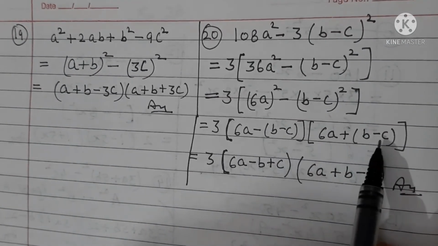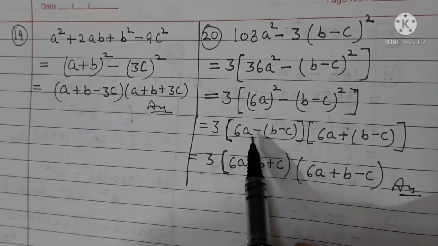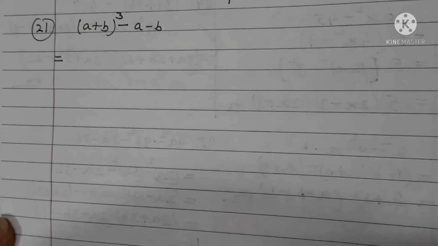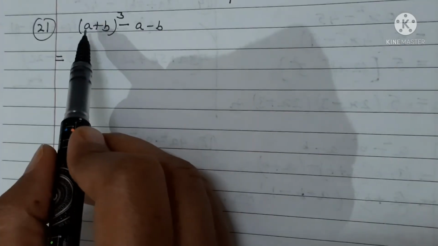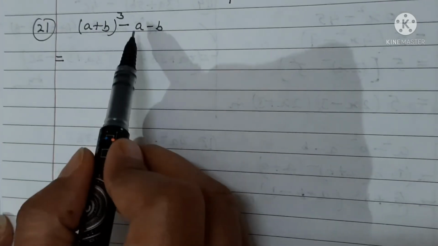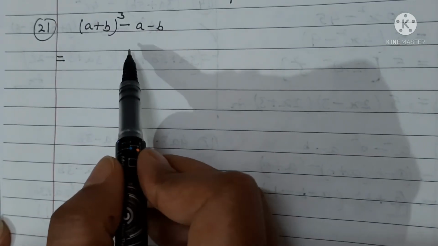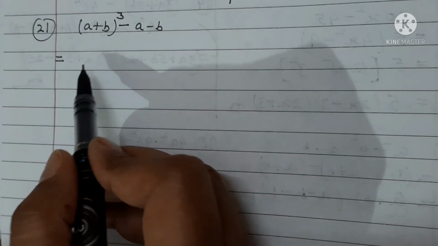Now a square minus b square means a minus b, a plus b, and multiply the minus sign in the bracket, get the answer. A plus b whole cube minus a minus b. It is the whole cube of a plus b. Here you can take minus common, so it becomes a plus b, and then you can take a plus b as common, and what remains in the bracket?